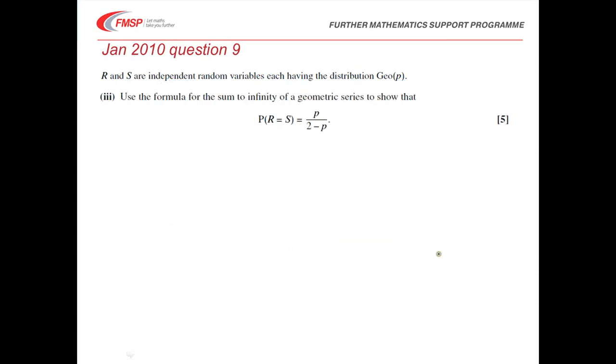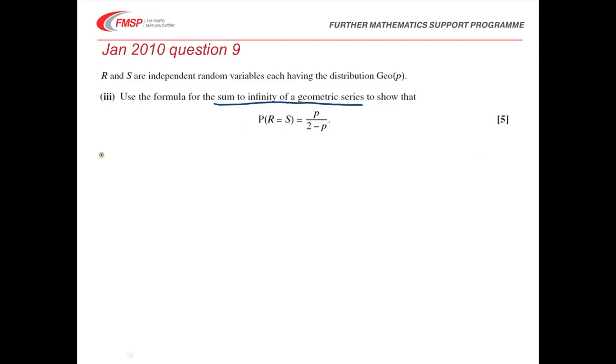Part 3, we're then told to use the formula for the sum to infinity of a geometric series to show that a statement is true. What you need to ensure with this is that you have learnt your core maths skills as well. If we're going to use the formula for the sum to infinity, we do need to appreciate that we need to work out the common ratio.